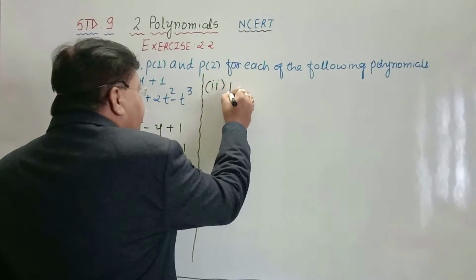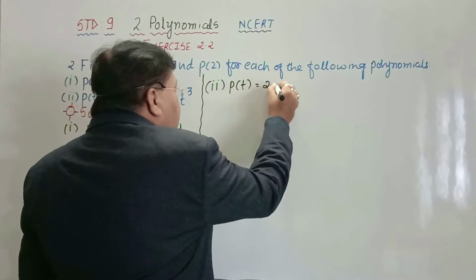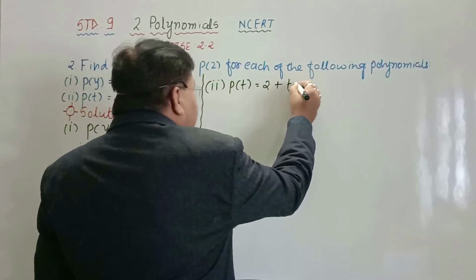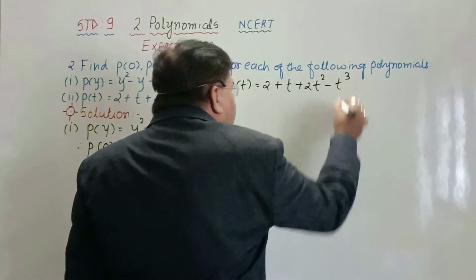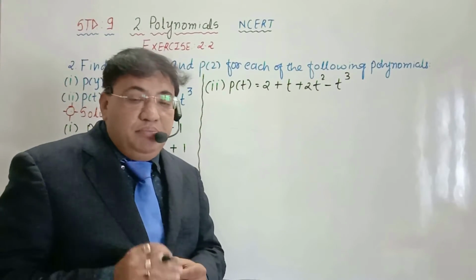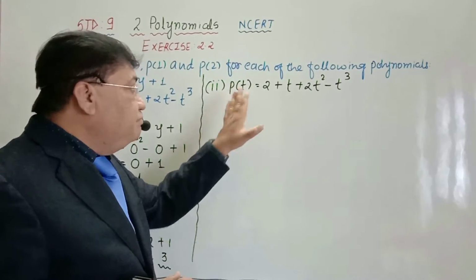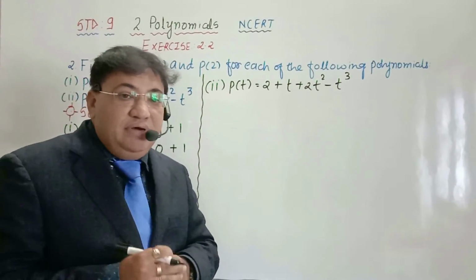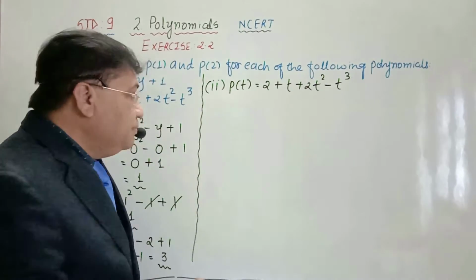Here P(t) is equal to 2 plus t plus 2t square minus t cube is given, and we want P0, P1 and P2 for this polynomial. So in place of t, one by one we take 0, 1 and 2. First we take 0.